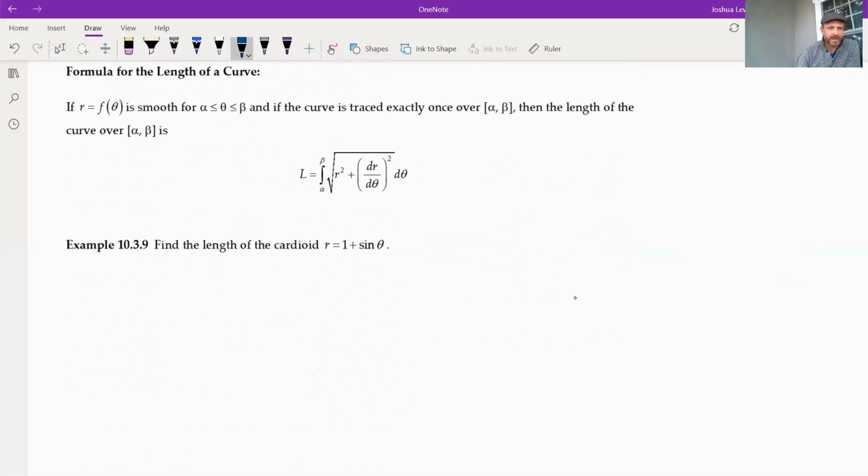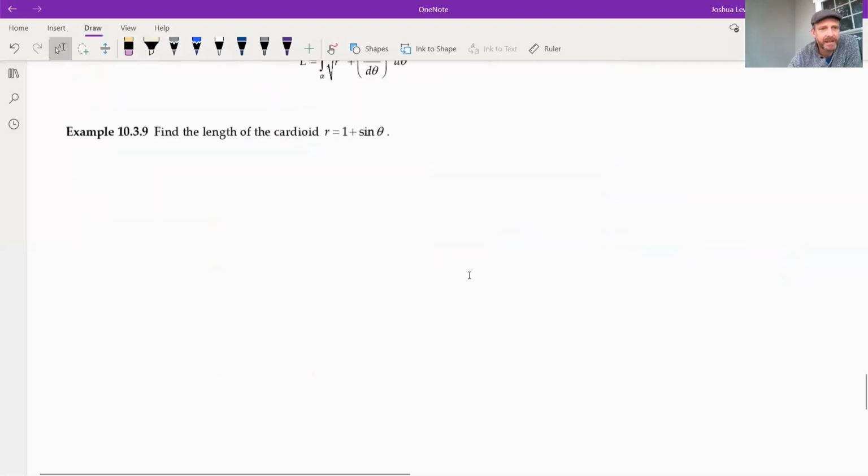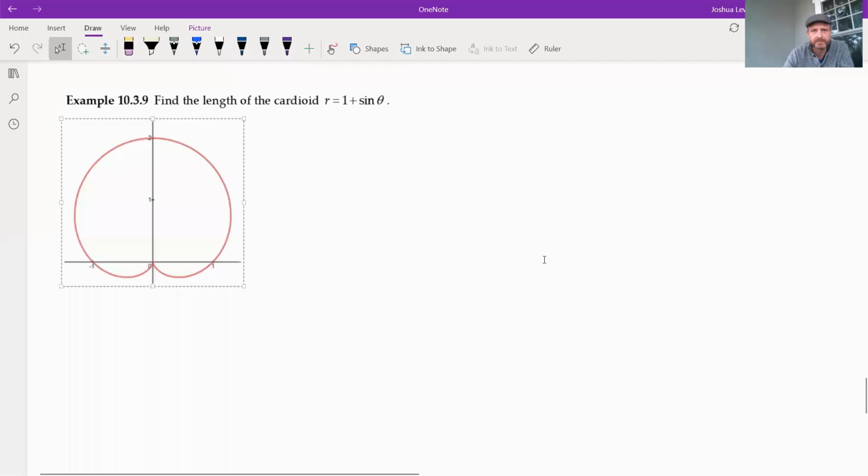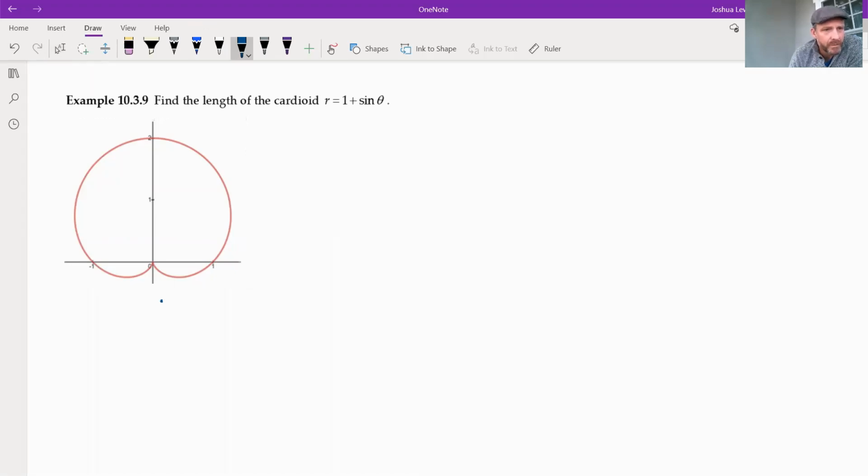So let's go ahead and find the length of this cardioid, r equals 1 plus sine theta. So I'm going to pause this and go grab the graph for it real quick. Okay, so here we have the graph of r equals 1 plus sine theta. And let's get our hands on our limits of integration. All right, so theta equals 0.